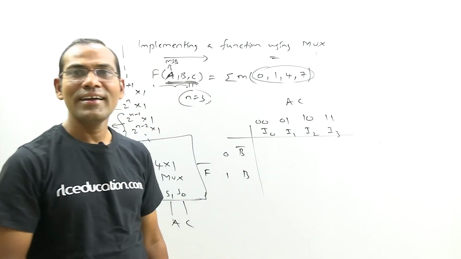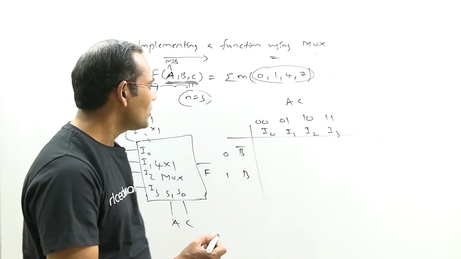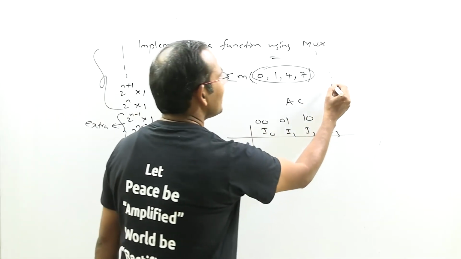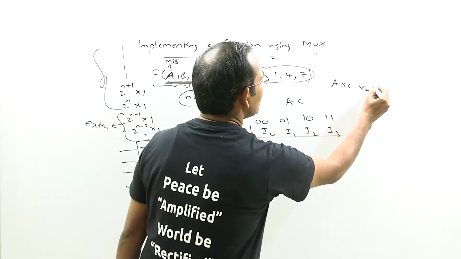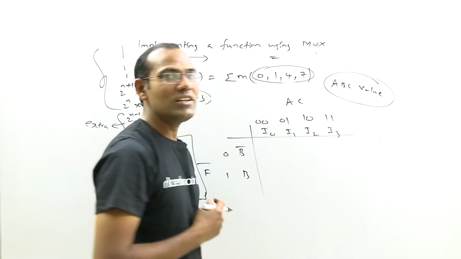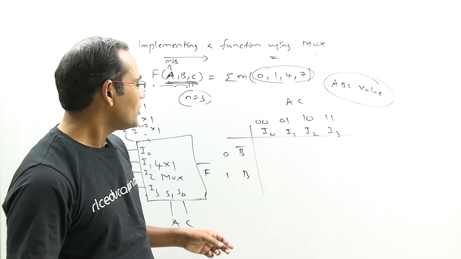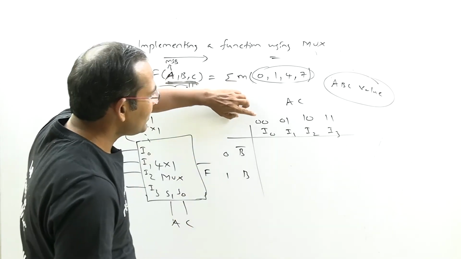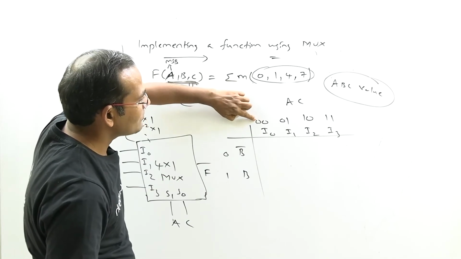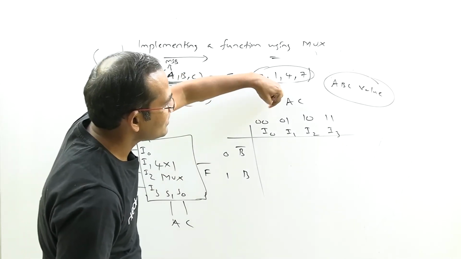Now write the ABC value. Always follow this order: ABC, MSB to LSB, most significant to least significant. So if you observe carefully, this side is AC.